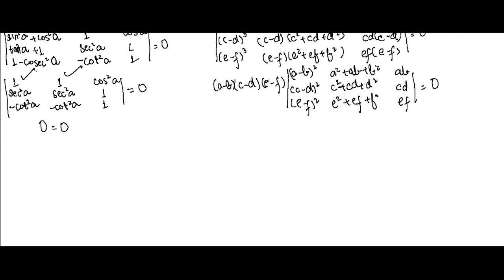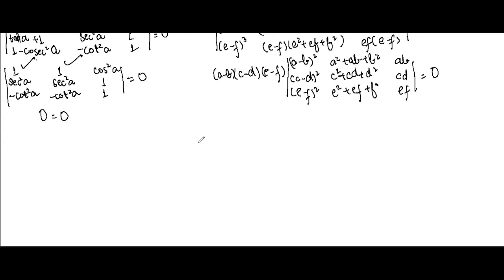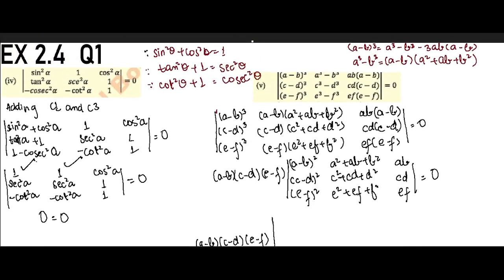Now for the next step, these terms are going to be written as it is till the end: (a − b)(c − d)(e − f). And now we are going to open these square formulas. I must write them over here too. (a − b)² = a² − 2ab + b².